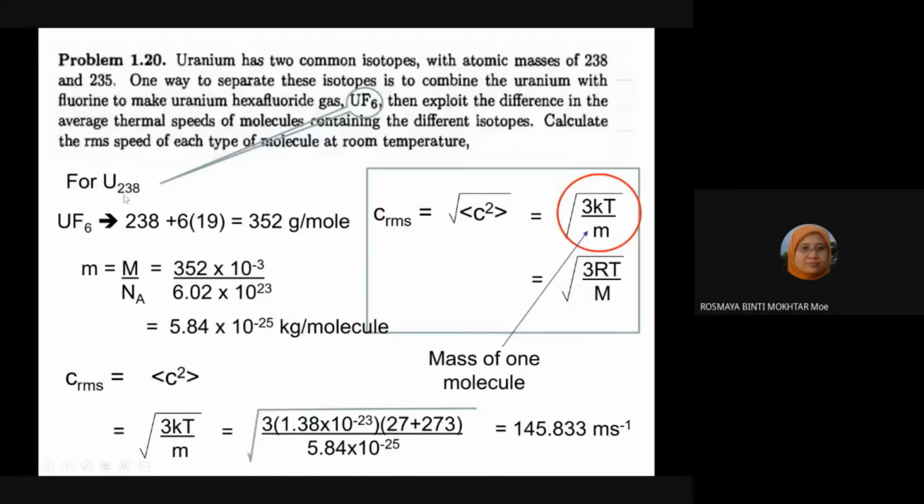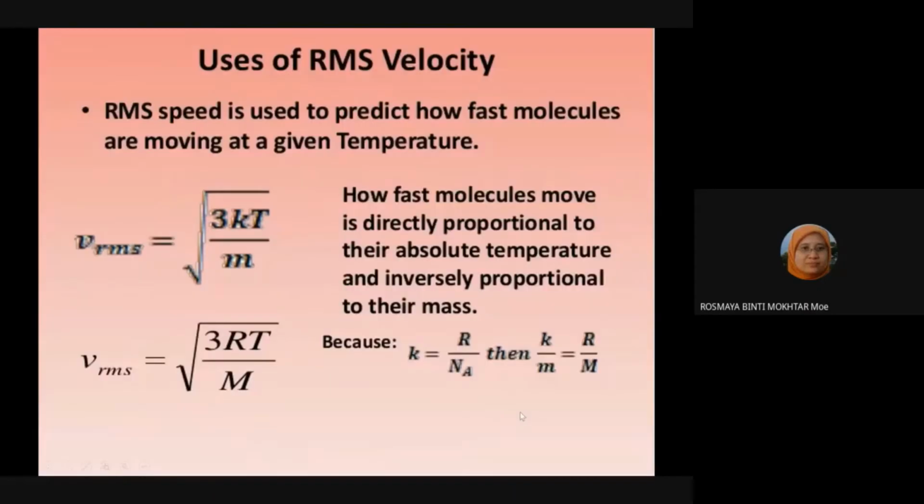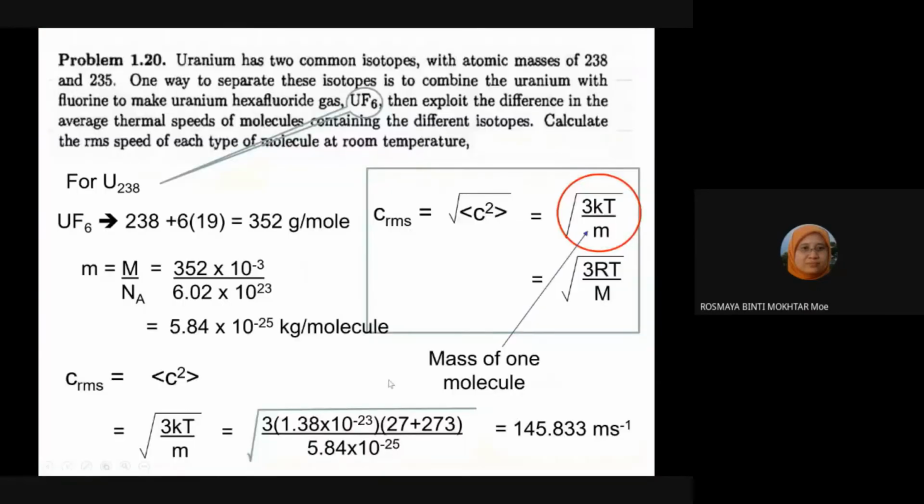Using the same steps to get the RMS speed for uranium-238, we get 145.833.